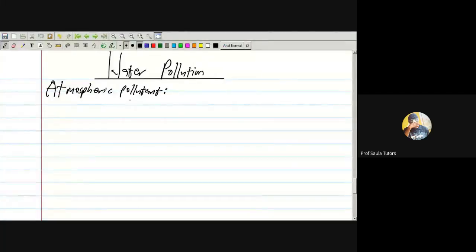There are some atmospheric pollutants you have to know. For example, CO2, SO2, NO, NO2, and so on. Let me add H2S. The effect of these atmospheric pollutants is that they cause acid rain.